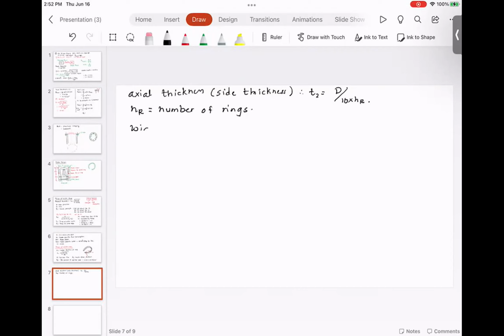Width of the top land, which is B1, is TH to 1.2 times TH. B2 is the width of the ringland.